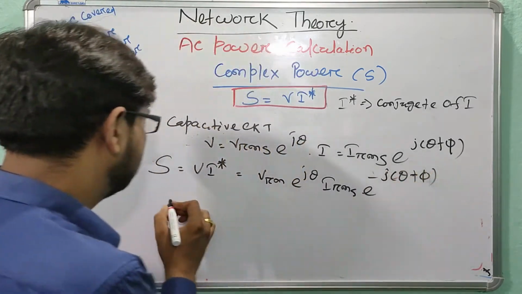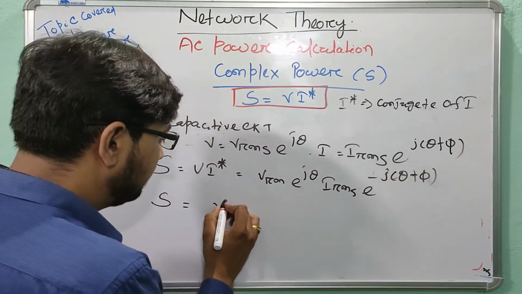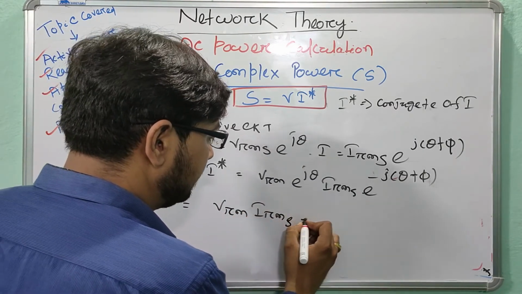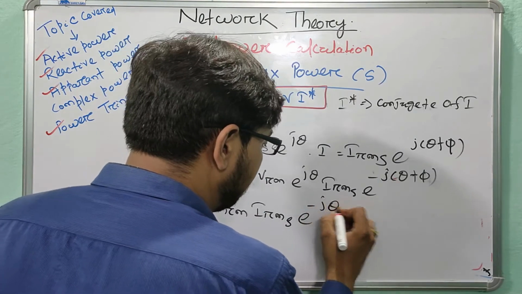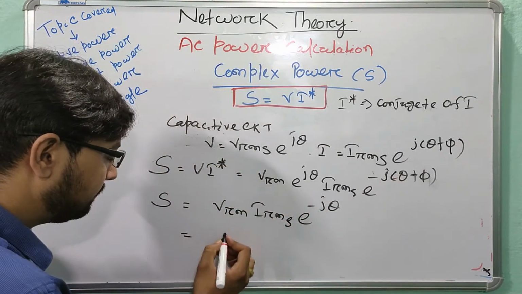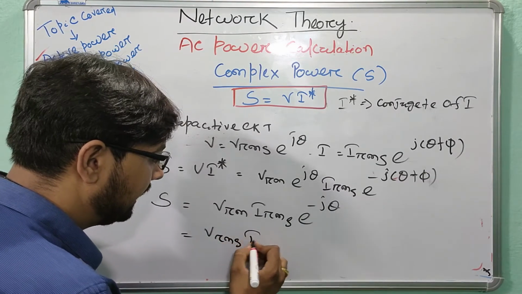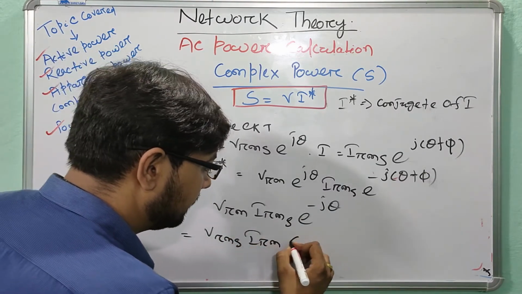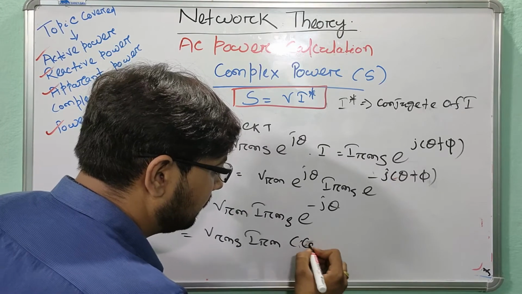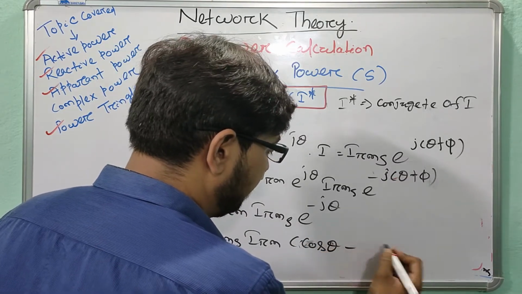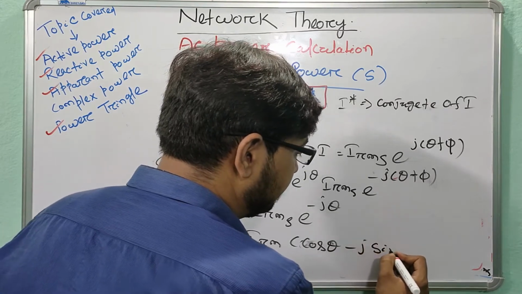Now, so S is equal to Vrms Irms e to the power minus j phi. So for that, what is my Vrms Irms? That is equal to Vrms Irms cos phi minus j sin phi.